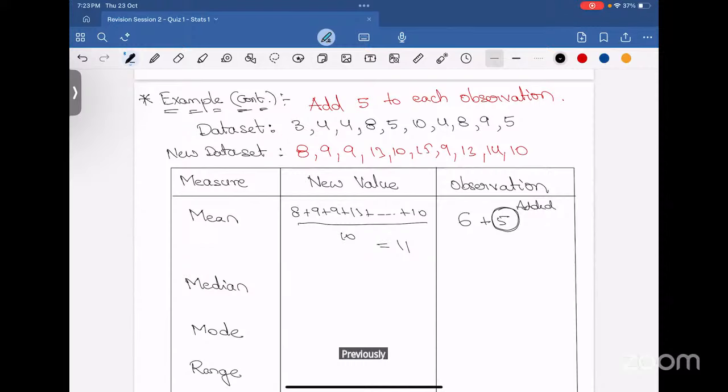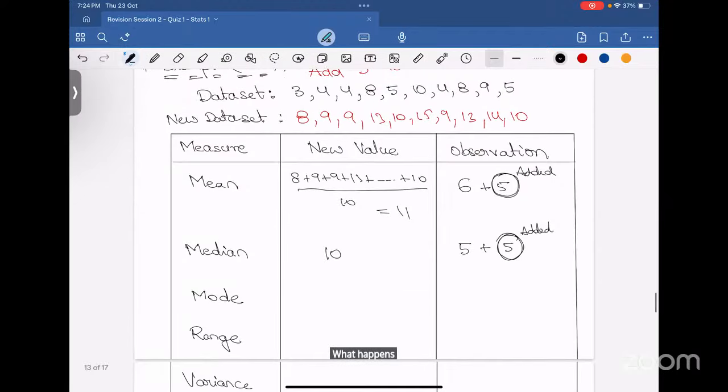Previously the median was 5, so the new median will be 10. Sorry, 10, right? You can clearly see that the new median is increased by 5 from the old median. This is the added value, and the median also shifts by 5 units.